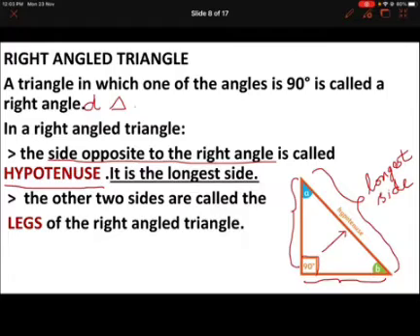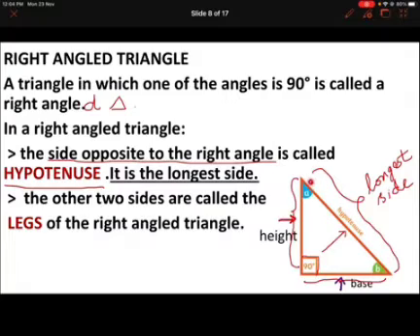I hope you can recall what an altitude of a triangle is. That is the height, and this is the base. Since this triangle is standing on this base, this side is called the base. Now if you turn the triangle, this becomes the base and this becomes the height, children.